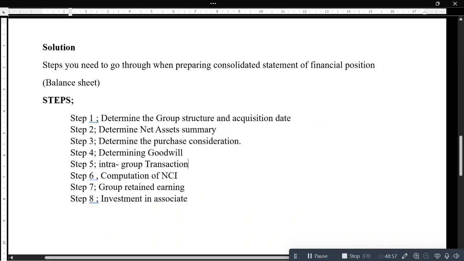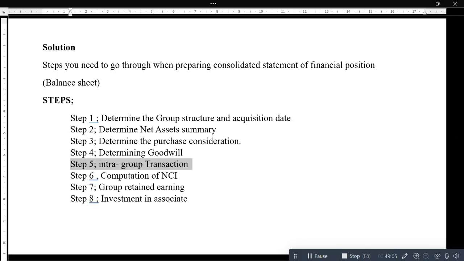Let's try to look at step 5. I told you this step 5, intragroup transaction, comes in if there is a purchase or sale or lending or something, but within members of the same group. Within the group, you find the parent is selling goods to the subsidiary, or the subsidiary is selling goods to the parent.